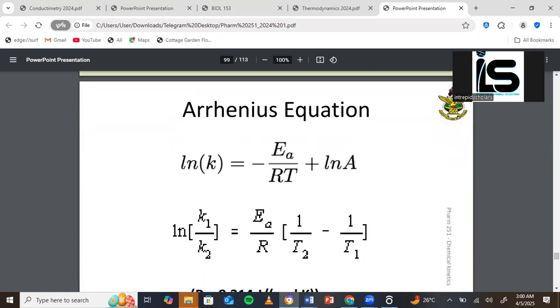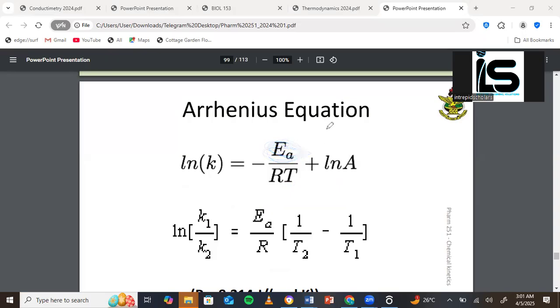Right after finding our EA, we can use this formula to find the K at any other temperature. So assuming we had K1 and T1, with the help of this formula we can find the EA.